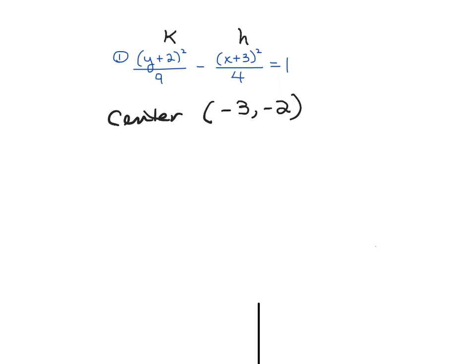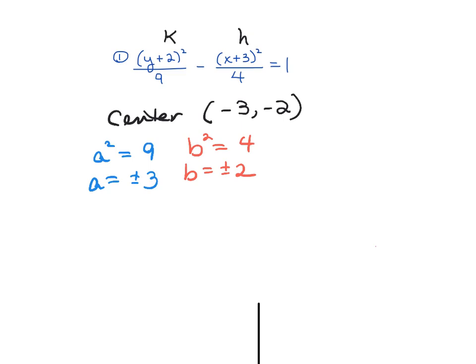Remember, when you pull it out, it's backwards of what you would think. Now let's do our a squared, which is the first denominator. Our b squared is the second denominator. The square root of 9 is plus and minus 3. And the square root of 4 is plus and minus 2.